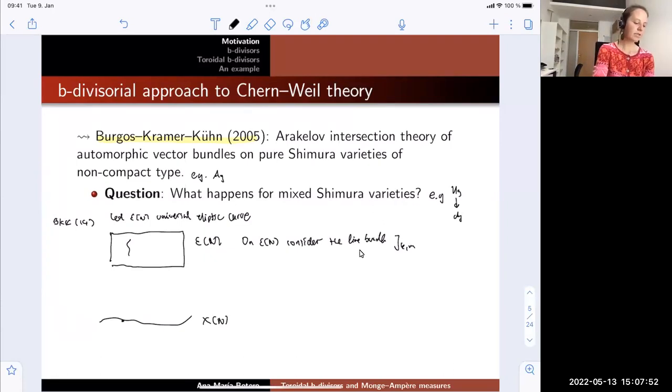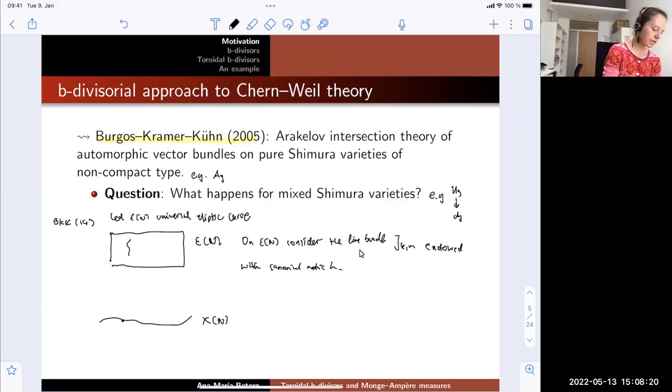This line bundle carries a natural, canonical invariant metric H. Recall that Chern-Weil theory was a statement about computing smooth differential forms. So this H is smooth on E_n in terms of a compactification.